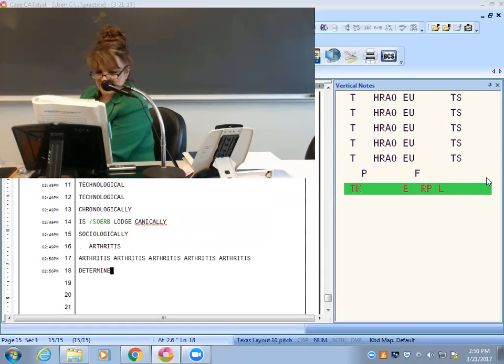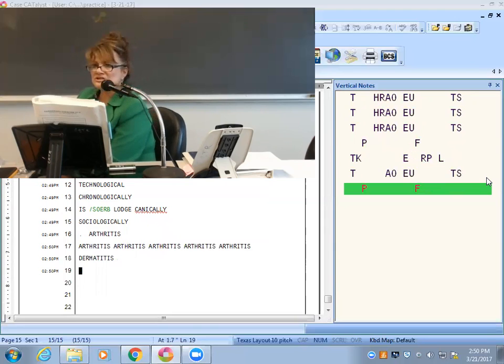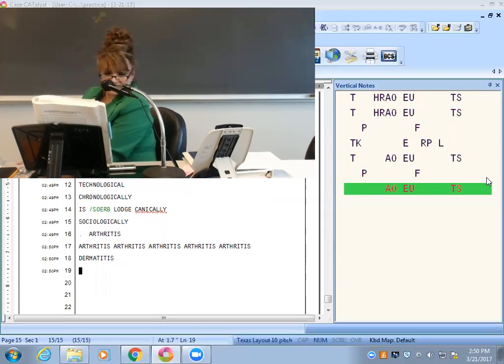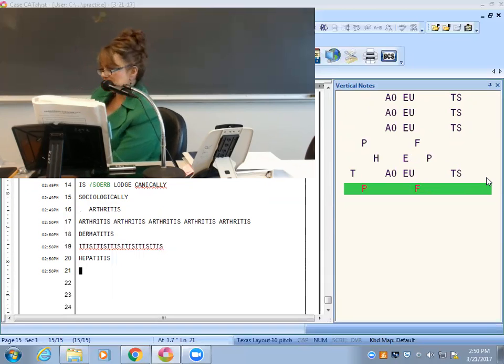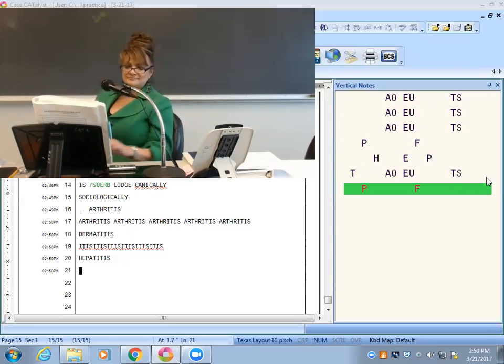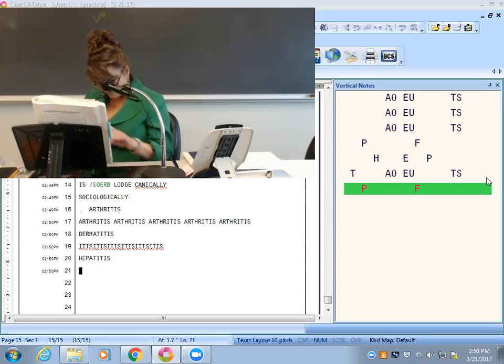Dermatitis. Usually you can leave the itis by itself, but usually you include the consonant with most of them. Hepatitis, tights. So anytime you see the ending, T long ITS, it's your itis ending. Okay? Any questions, Jen? Nope.